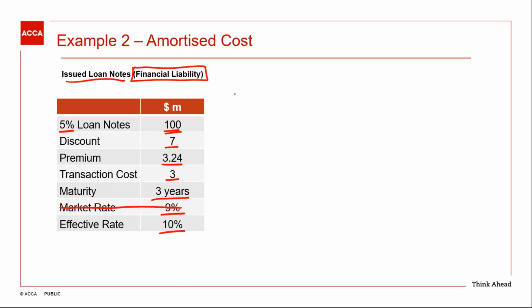So now, if we make the entry for year 0 for the financial liability, we are the party receiving the cash of 100 million of the par value minus the discount of 7. So we would have received an amount in the bank of $93 million. So $93 million is the value being recorded as the financial liability.